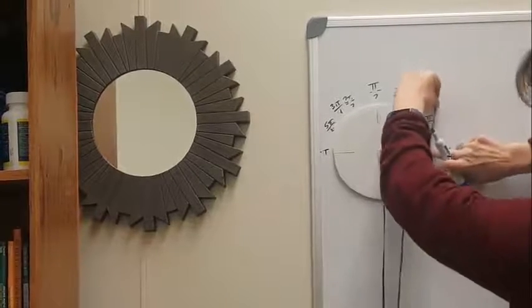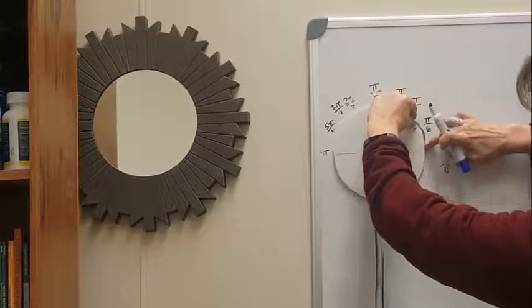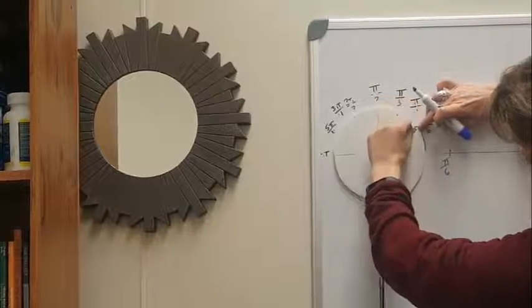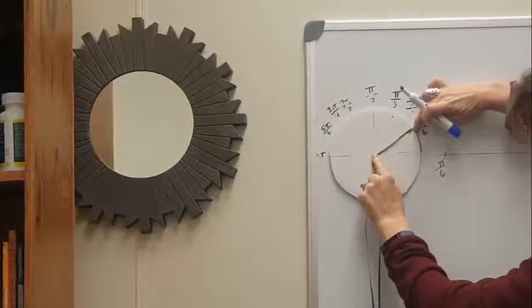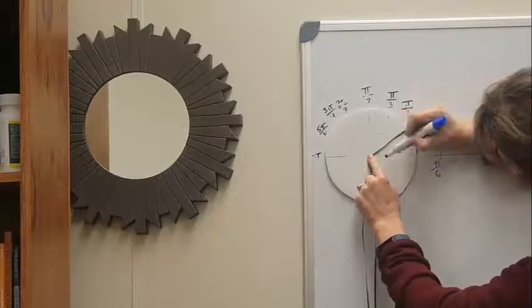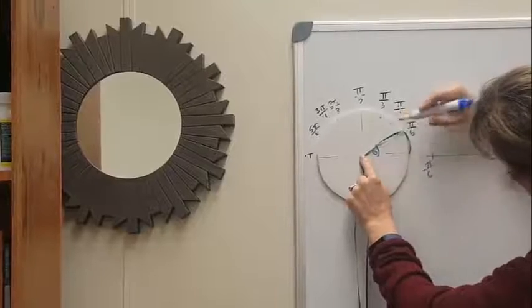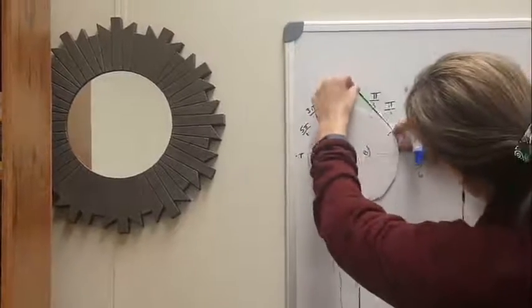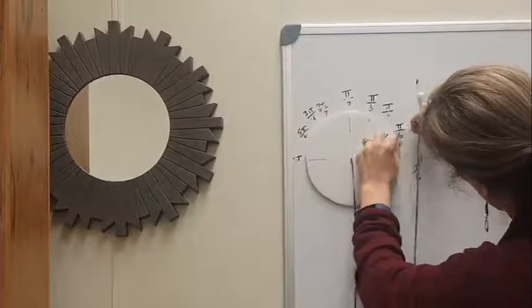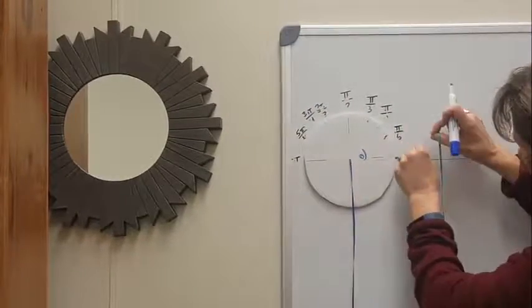So when the free point has gone around the circle to pi over 6, meaning this theta here is pi over 6 radians, we can say the free point has traveled this far, pi over 6 radians.